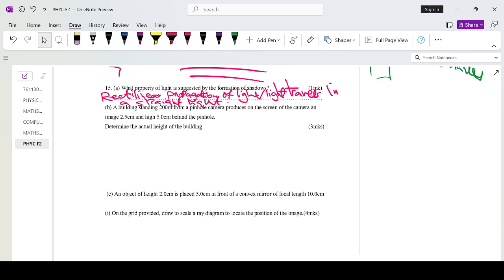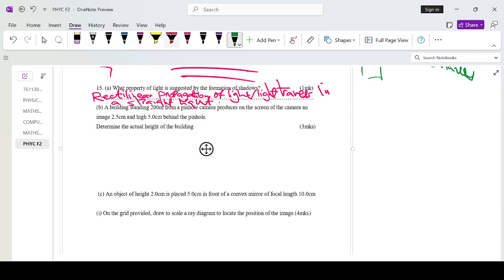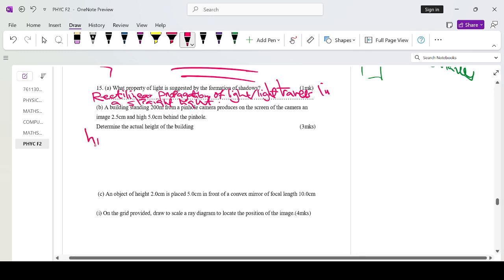So this is a question that relates us to the concept of magnification. Remember, we have this relationship that height of the image over height of the object should be equal to image distance from the pinhole camera over the object distance from the pinhole camera.